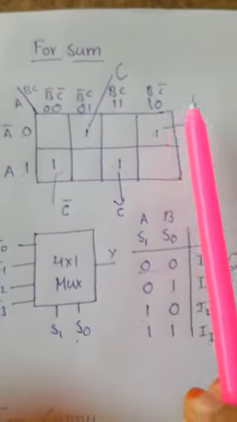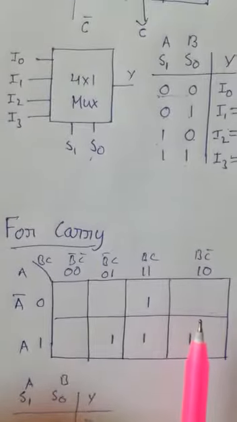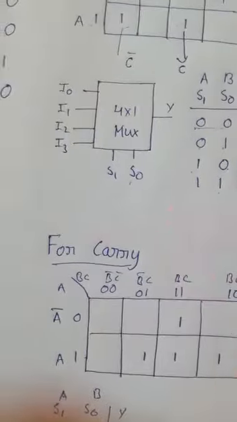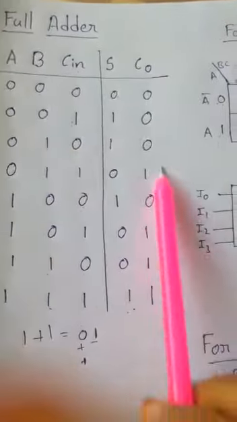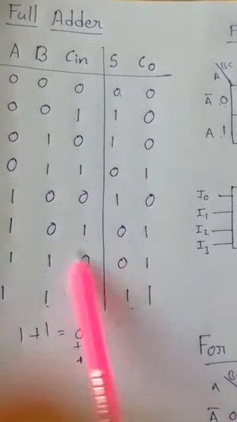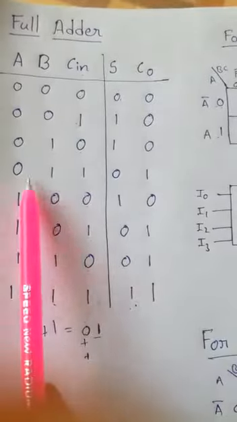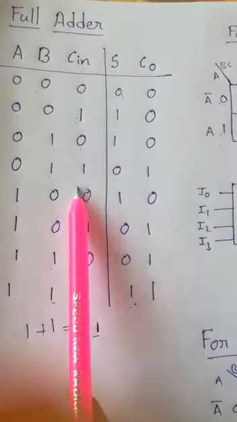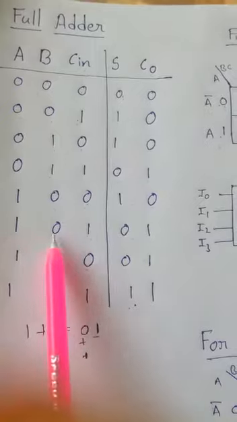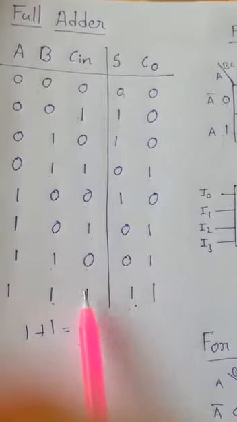Now we have completed the coordinate map for the sum. Now we are going to write the coordinate map for carry. For carry, here in full adder, where we have got the ones here, here, here and here, that is A0, B1, C1, A1, B0, C1, A1, B1, C0, A1, B1, C1.